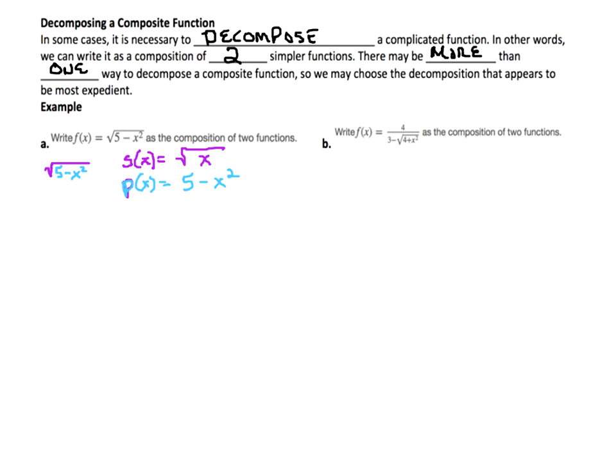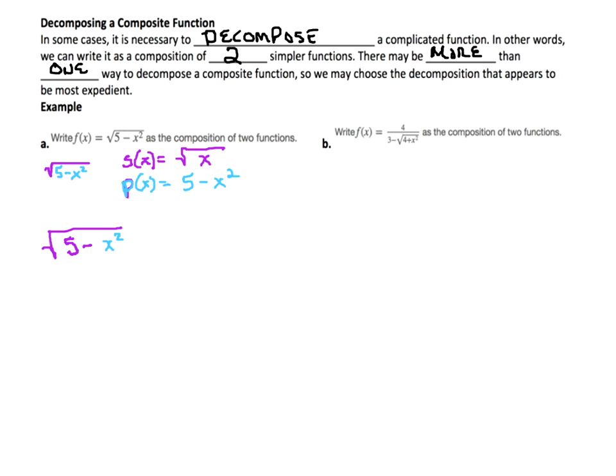However, you might not see it that way. Maybe you saw it this way. Maybe you see the square root of 5 minus x squared.